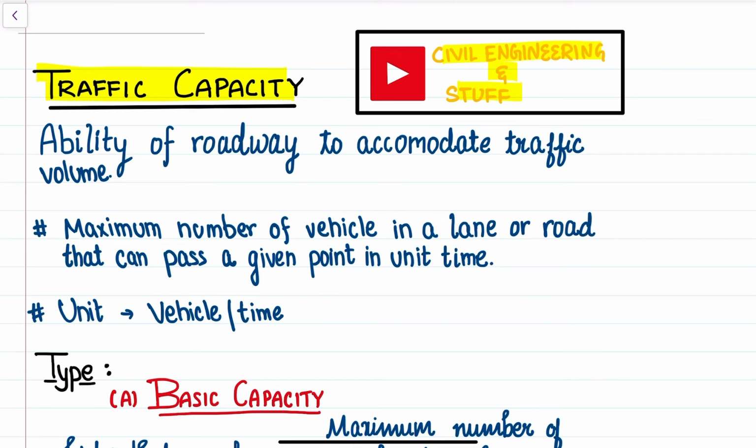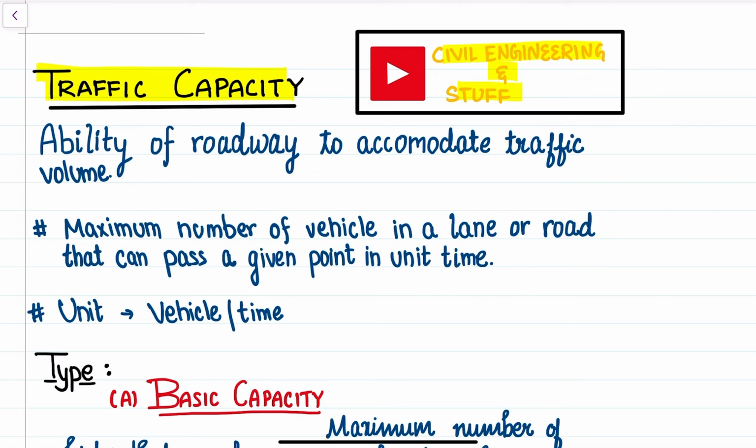All these four, that is traffic volume, traffic density, traffic speed, and traffic capacity, are the fundamental parameters that are used to assess the macroscopic parameters of traffic engineering or the traffic stream. So let us discuss traffic capacity.